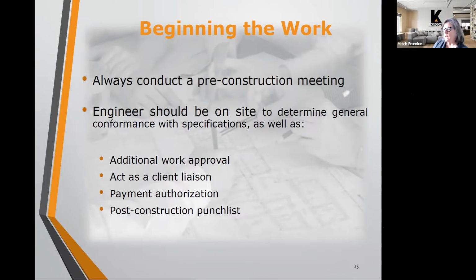The attendees should always be your engineer, your contractor, and a representative of the association, which is usually the property manager or a board member or board members. At that meeting, we talk about scheduling, we talk about staging of materials, and any concerns that the association may have about the progression of that project need to be brought up so that everybody understands the progression of the project from the get-go.